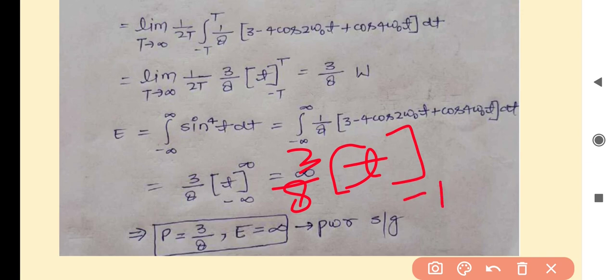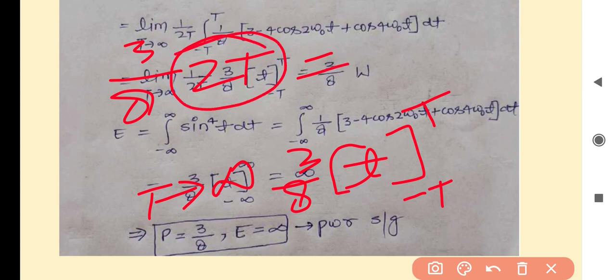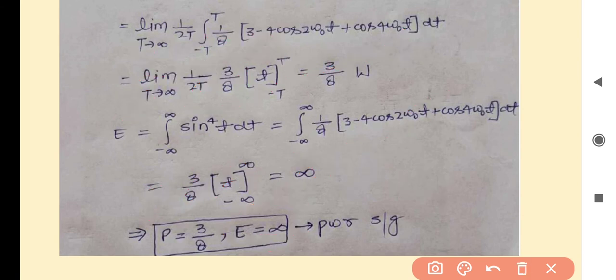Here the limit is from minus T to T, where T tends to infinite. So this becomes 3 by 8 into 2T, where T tends to infinite, and when T tends to infinite, the total value becomes infinite. As I told you earlier, the given signal is periodic and has infinite duration, so its energy will always be equal to infinite. So energy becomes equal to infinite and the power of this signal is finite.